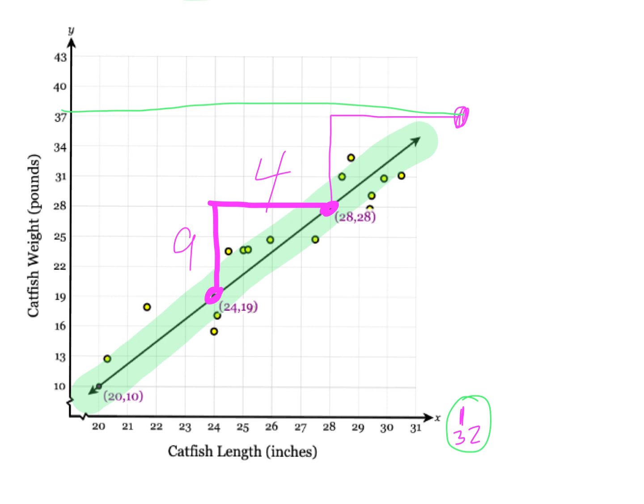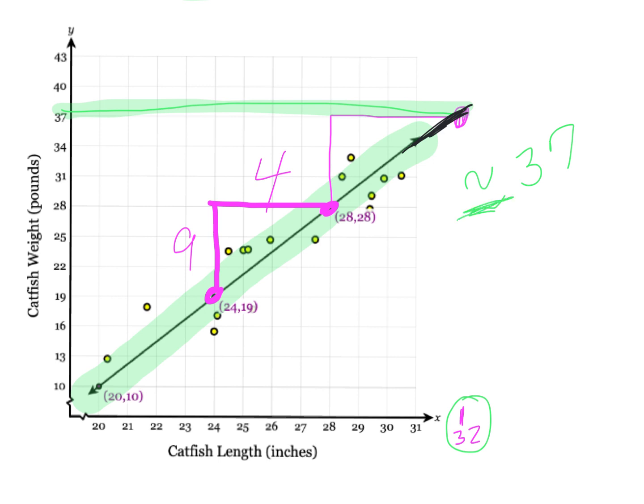And then so how much would you expect a 32-inch long catfish to weigh? About 37. And you can tell visually that it definitely works. If you extend that line, it lines up perfectly. So you would expect that catfish to weigh approximately 37.